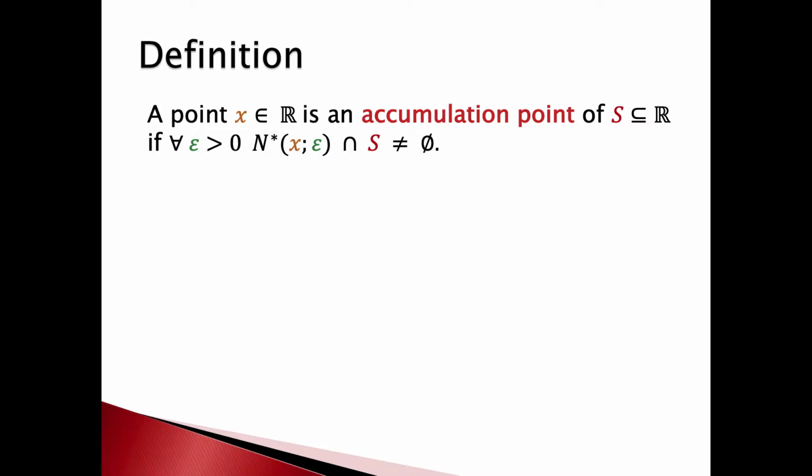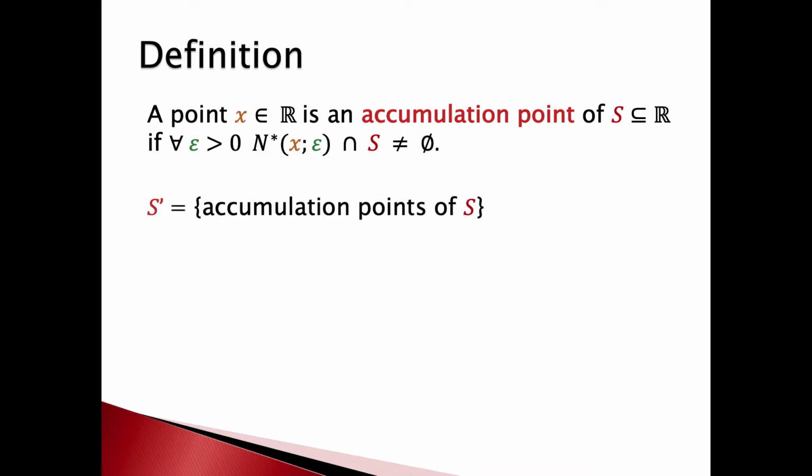And if there are lots of points of S getting close to x, that means if you look at a neighborhood of x and you throw away x itself, then what's left should have points of S in it. And that's exactly what this says. The deleted neighborhood intersected with S won't be empty.